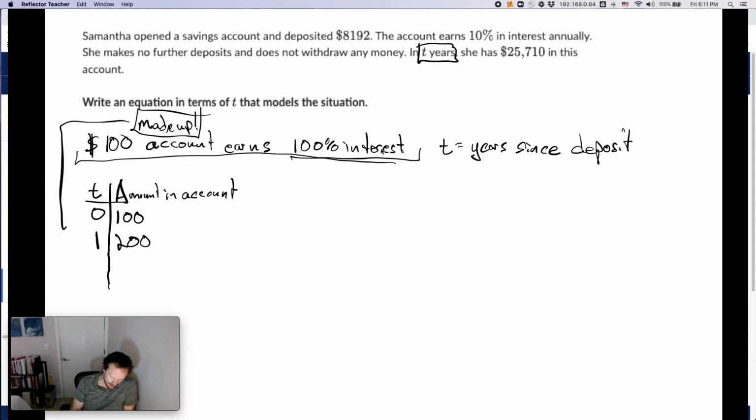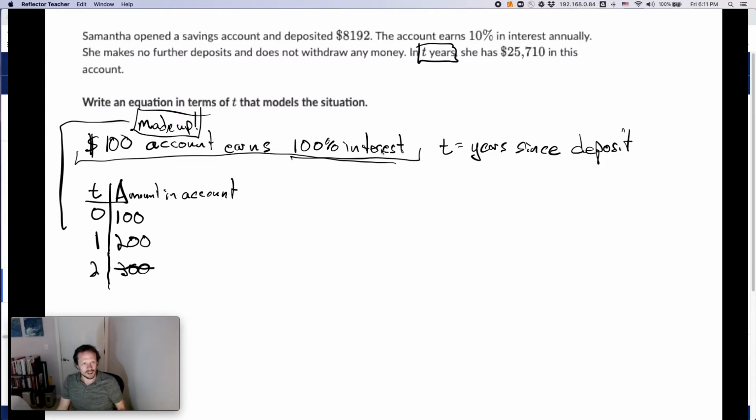And then, one more year later, and this is where a lot of students put 300. Very common answer. But think about that. After you've had your money in the bank for a year, you could take it out. You got $200. The bank isn't going to get you to keep your money in there if they're not going to pay you interest on the whole money.